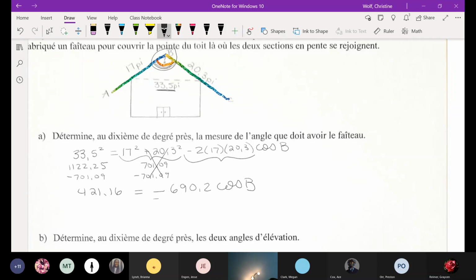All right, I divide that off now pour que ça annule. Ce que je fais à un côté, je fais à l'autre. So 421.16 divisé par 690.2. Your answer should be negative, because it's a positive divided by a negative. You have to pay attention to these symbols. Okay, so now I have my decimal in there.